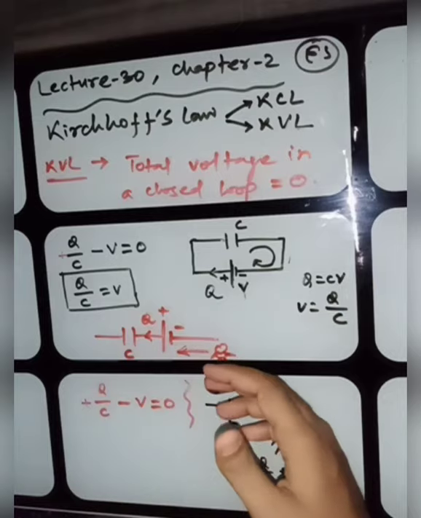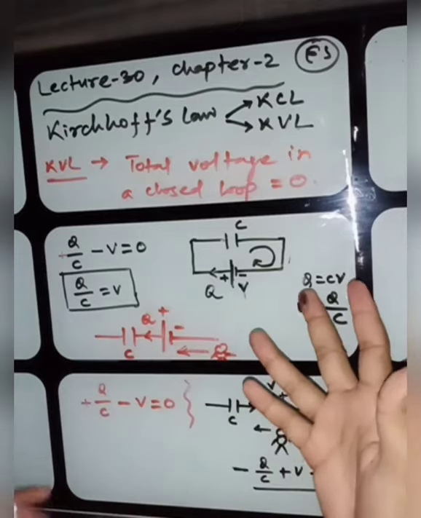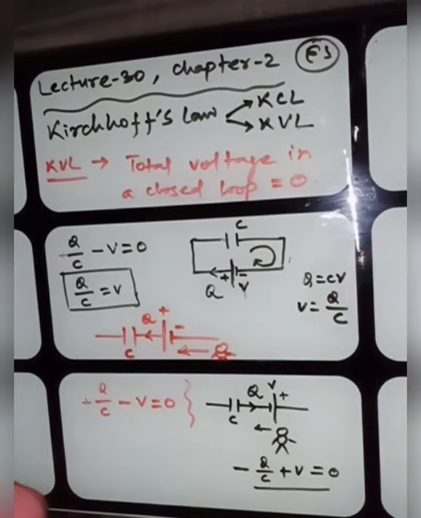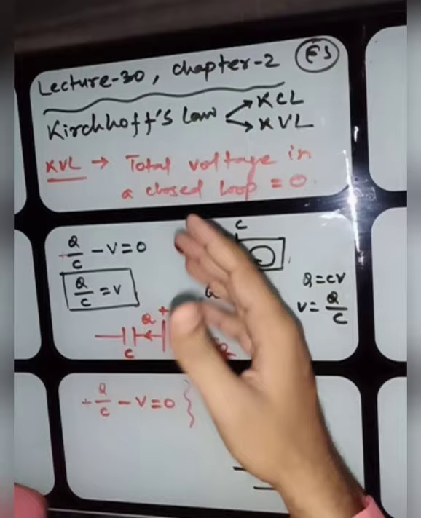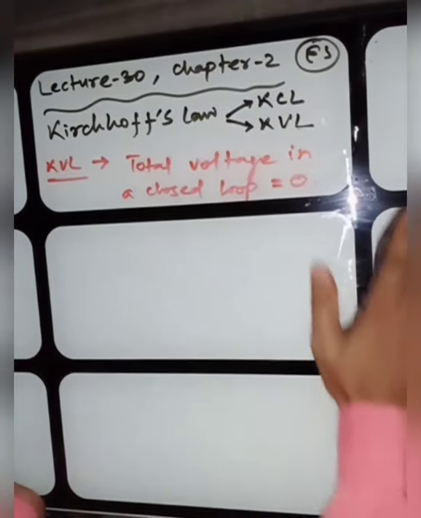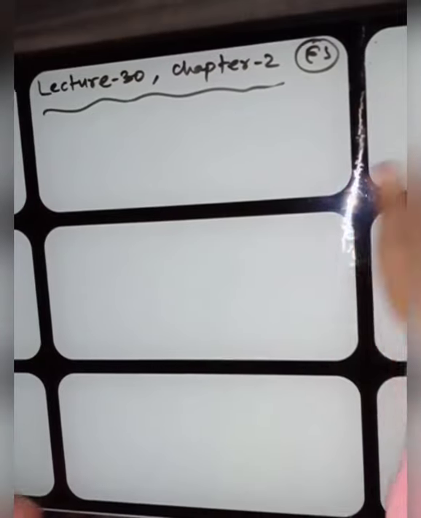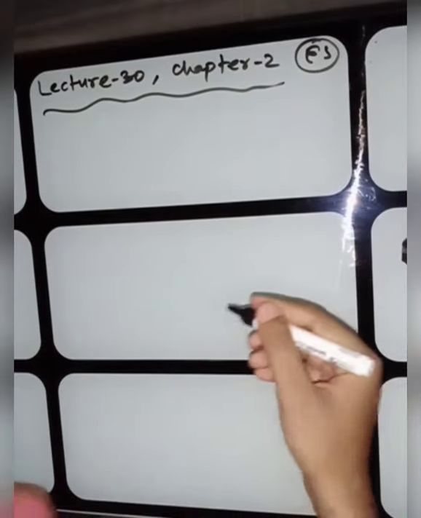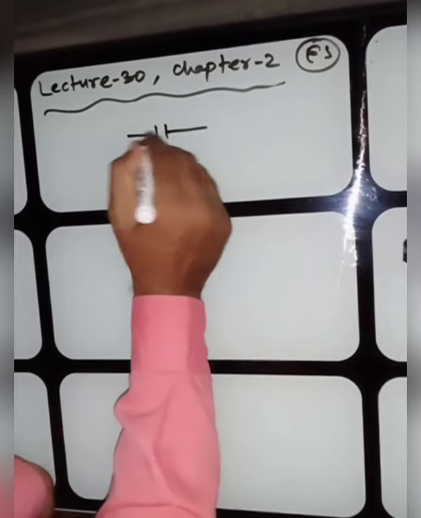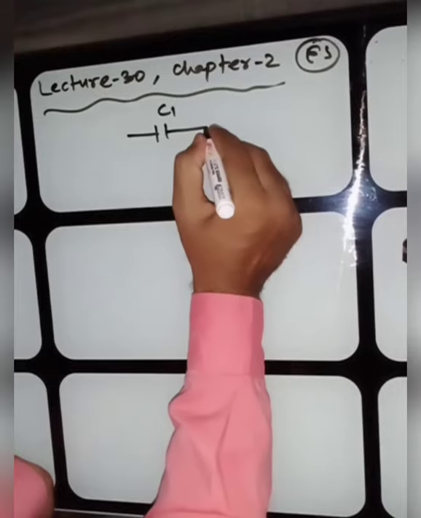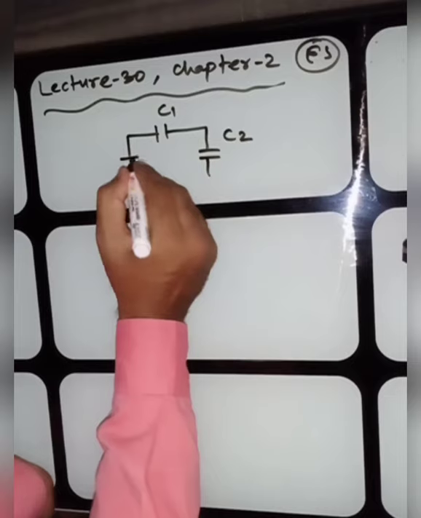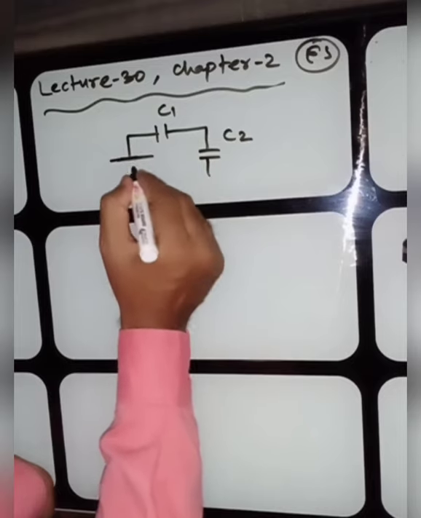Okay, I'm taking another example to explain this particular concept with two capacitors. It might be that in a circuit you will find multiple batteries also. Now here is another example, I'm taking two capacitors C1, C2 and the battery.